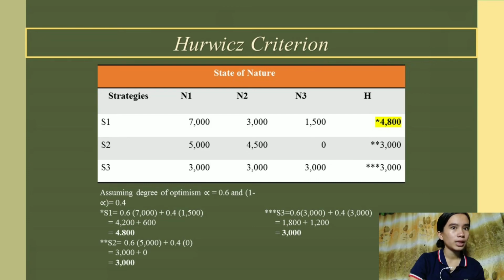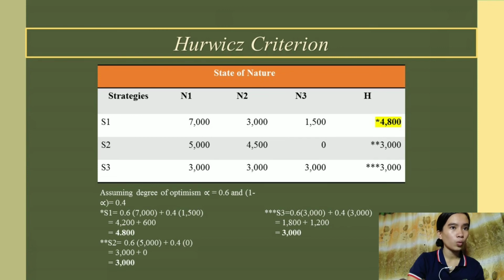So we get 4,800 by adding 0.6 times 7,000, the maximum, which is equal to 4,200, plus 1 minus the constant, which is 0.4, times the minimum, 1,500, and we get 600. If we add 4,200 plus 600, it is equal to 4,800.